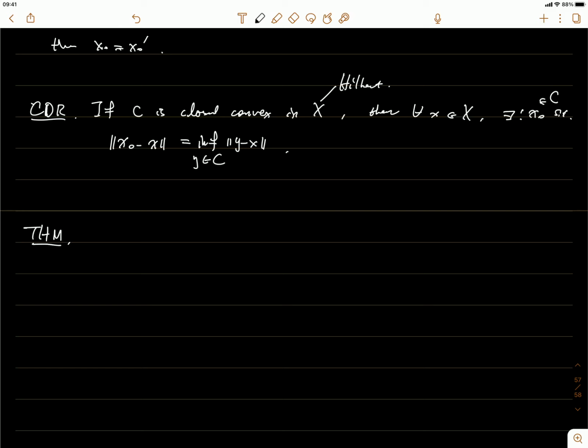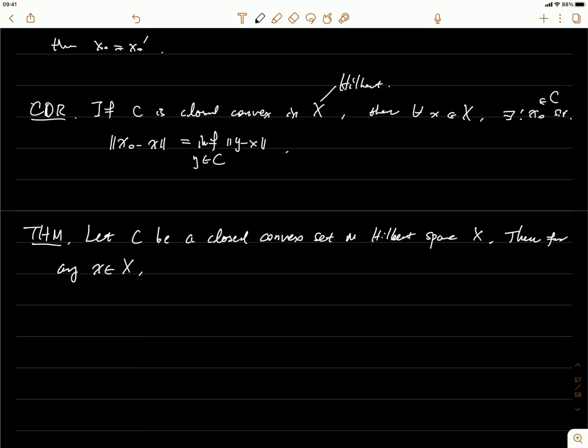So it says that if I have a closed convex set in the Hilbert space X, then for any x in the space X, x0 is a projection of x onto C, and this means that the norm of x minus x0 is equal to the infimum of the norm of y minus x, as we said, right?